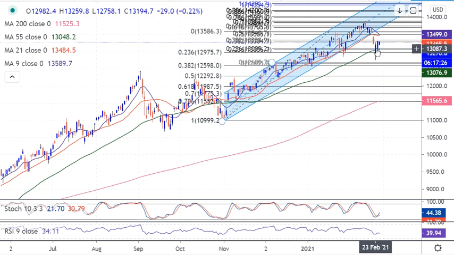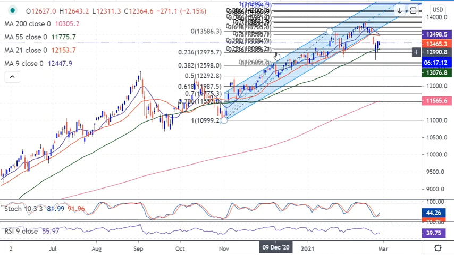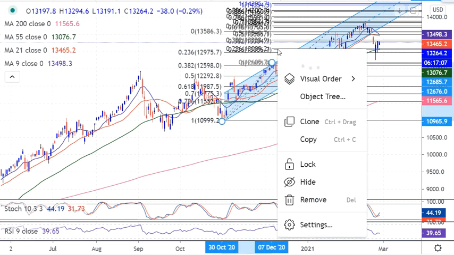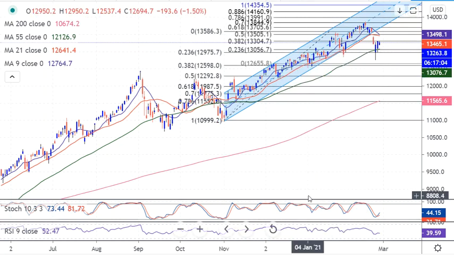We really did. We closed above the 55-day moving average, and we closed above this cluster here of Fibonacci extensions. I'm going to take that one off, I think, because I'm getting confused. There we go.